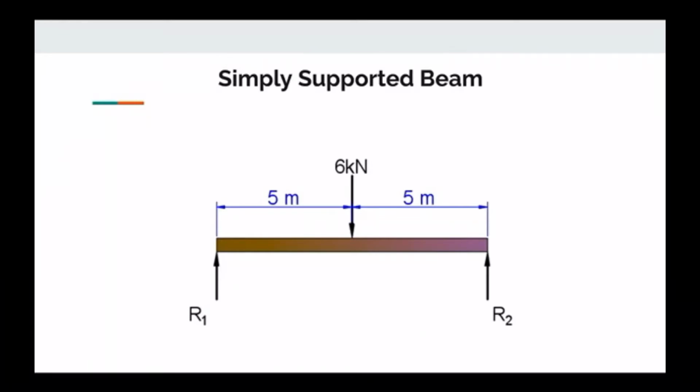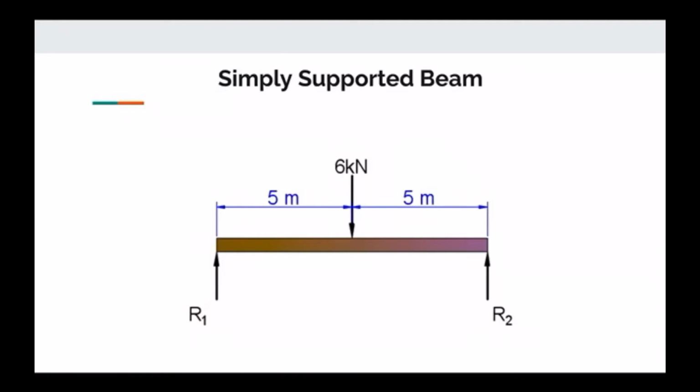For this particular beam, a 6 kilonewton force is being applied at the center of the beam. This is a singular load. As a result, the reactions at R1 and R2 will be equal, and each reaction force will be half of the 6 kilonewton force.